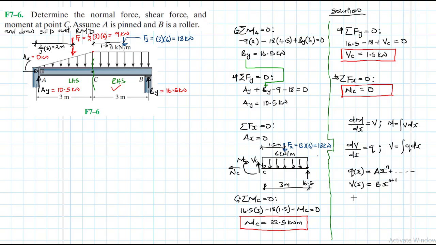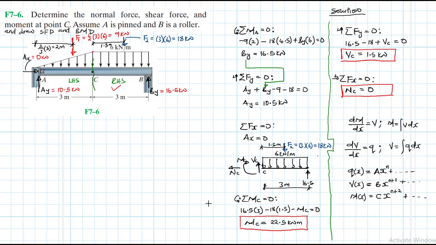And then the function that governs moment is just going to be equal to c x to the power n plus 2, plus other factors. I'm interested in these powers; forget about the coefficients, these are just coefficients. So there is always one step ahead.